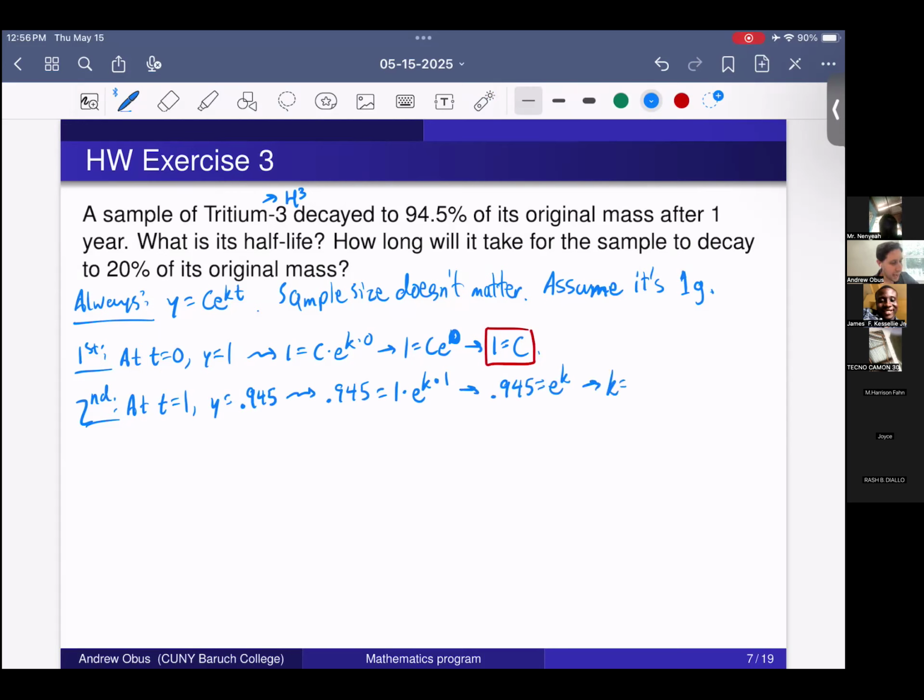That tells us that k is equal to ln of 0.945, and ln of 0.945 is about negative 0.0566. I'll leave 3 significant digits because that's how much we have.